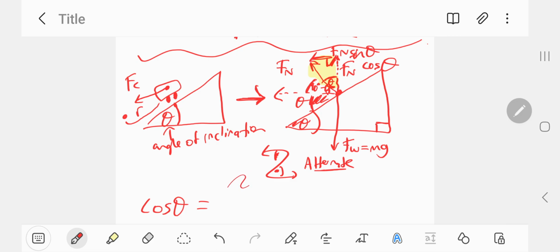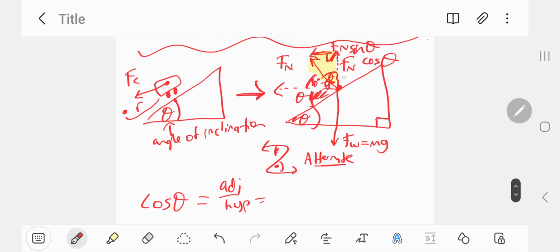Cos is just adjacent over hypotenuse. The adjacent is just F sub n cos theta, right? F sub n cos theta. The hypotenuse, which is this line over here, is just the normal force.